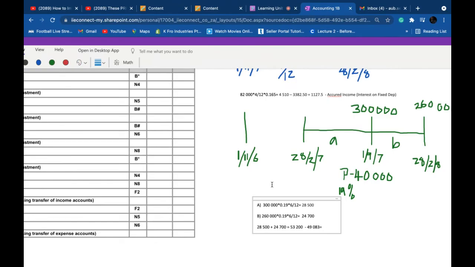So how much do we still owe for this financial year in terms of interest on our mortgage? Because remember, we've only paid 49,000, but according to our calculations, we should have actually paid 53,200 for the year.